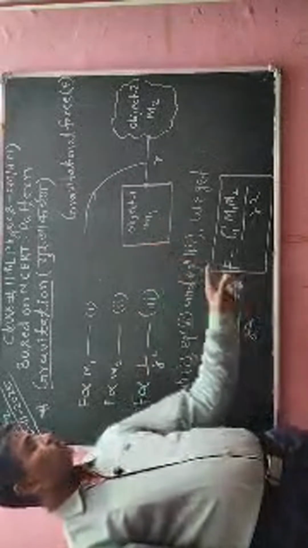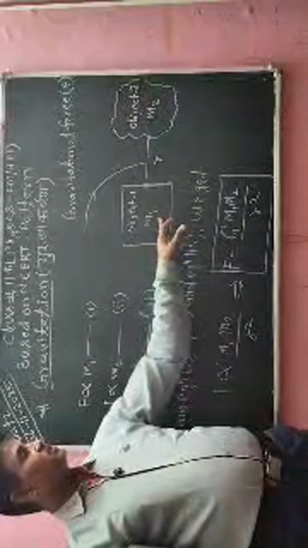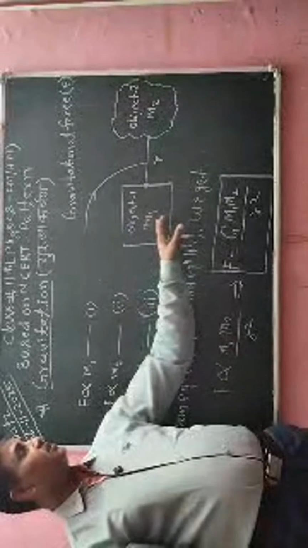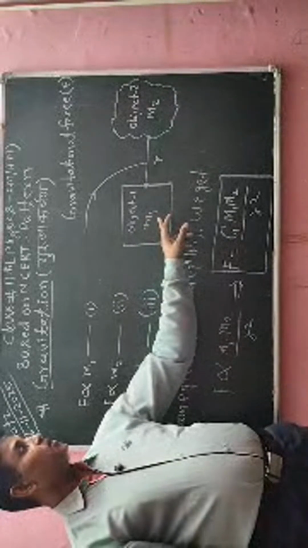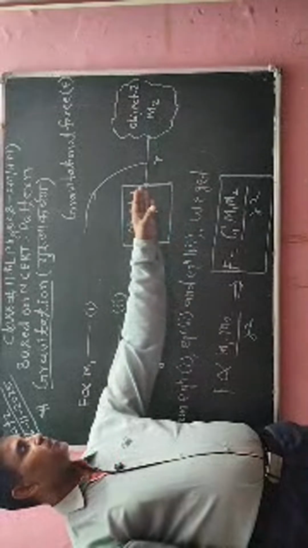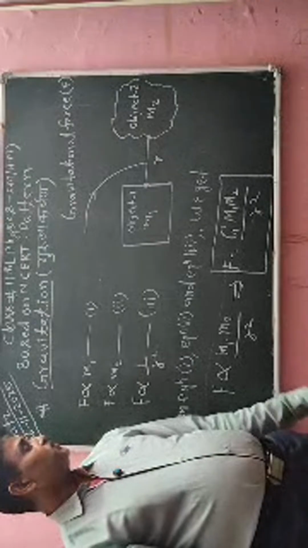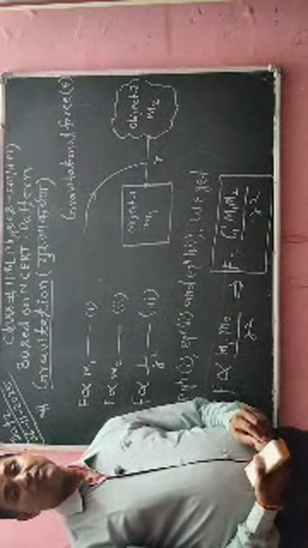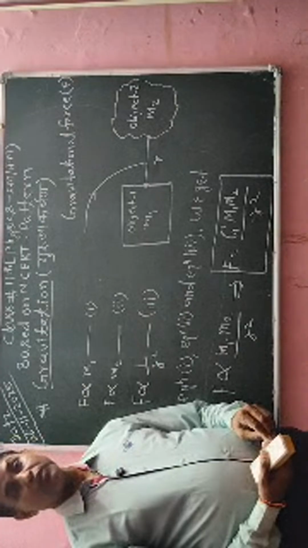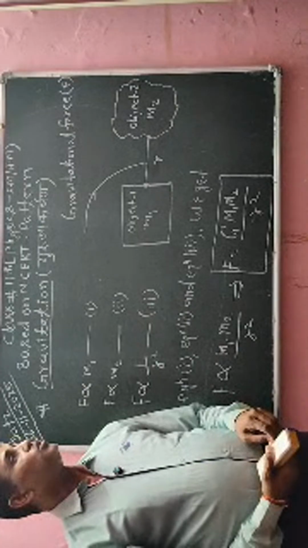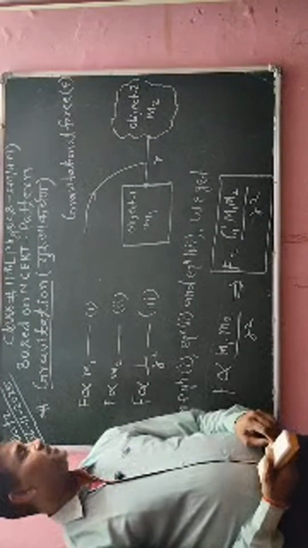The object with mass M1 can have any value in CGS or MKS system, and the other object whose mass is M2 can also be in CGS or MKS system.